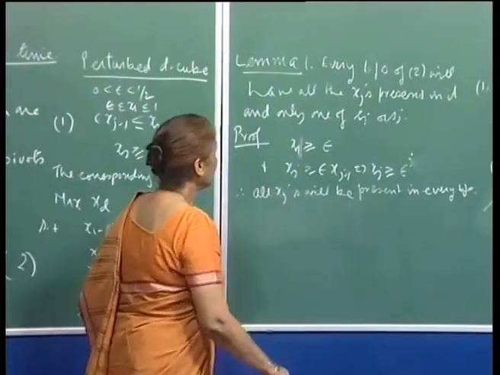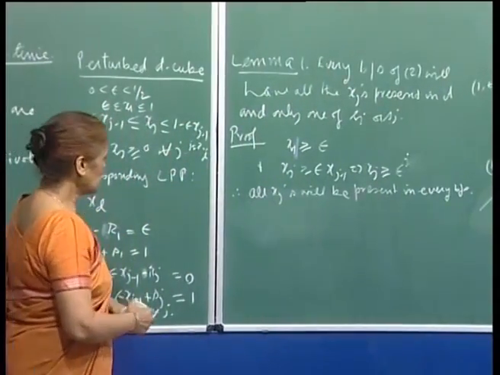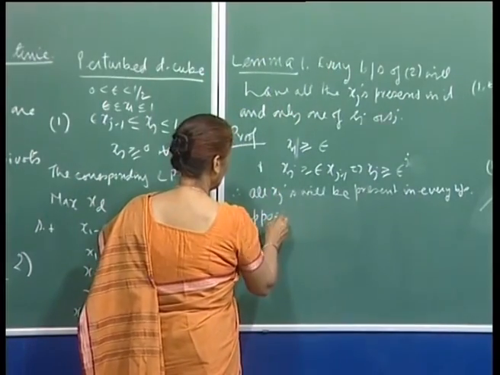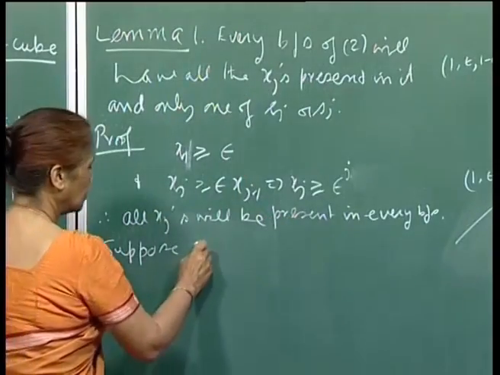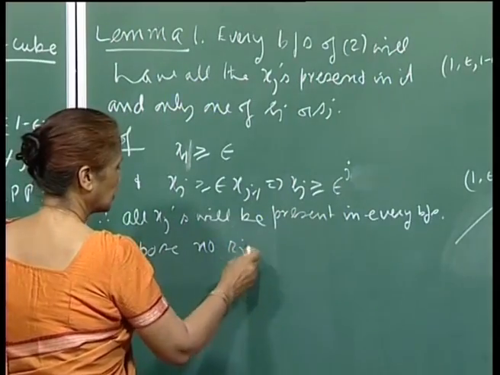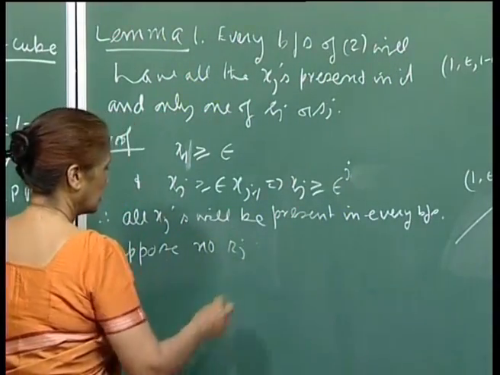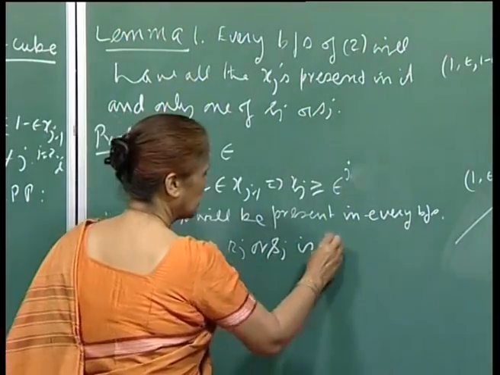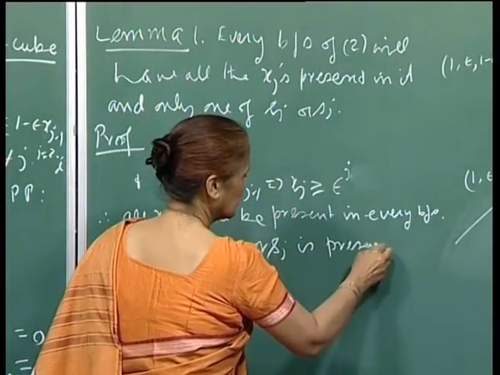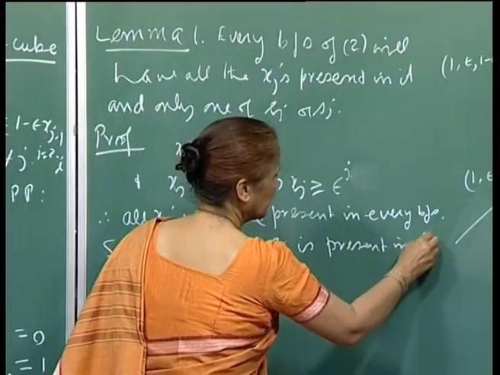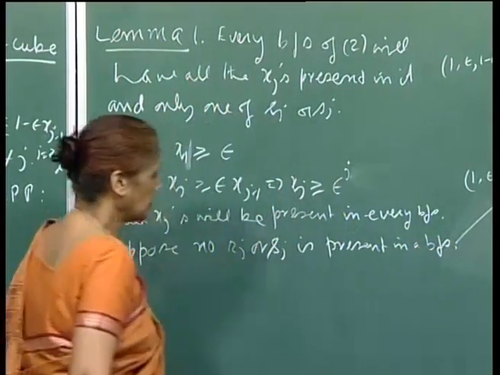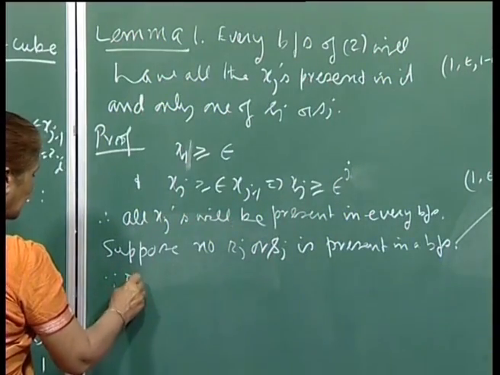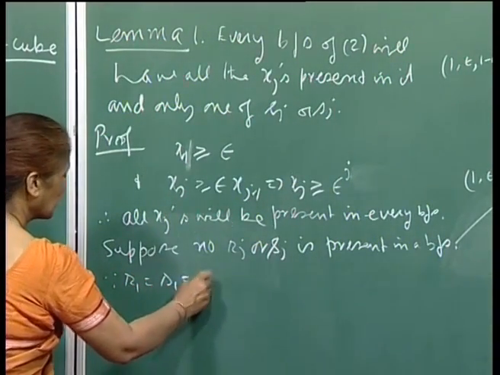Okay. Now you want to show the second part of the lemma. Suppose no Rj or Cj or Sj is present in a basic feasible solution. So start with R1 equal to S1 equal to 0.